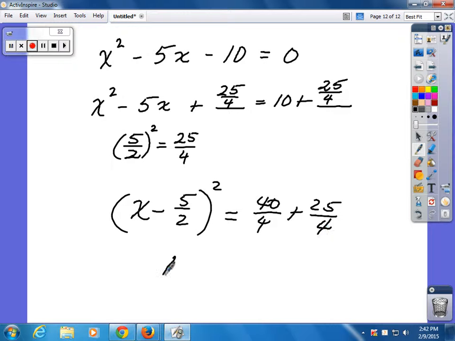And that'll give you x minus 5 halves, quantity squared, is equal to 65 fourths. Now let's take that over to the next page.